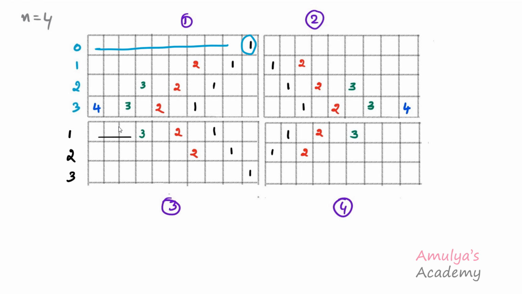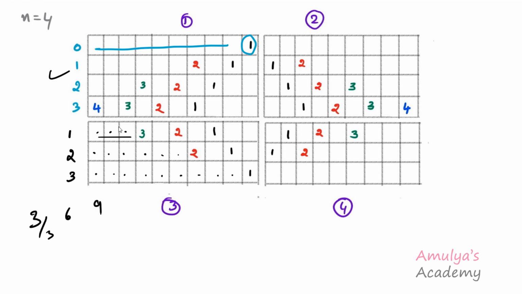First we can see we want 1, 2, 3 spaces. Next 1, 2, 3, 4, 5, 6 spaces. Then 1, 2, 3, 4, 5, 6, 7, 8, 9 spaces. So we want this many spaces when n equals 4: first 3 spaces, next 6, next 9.